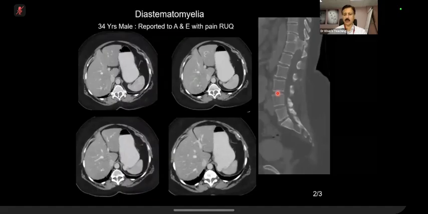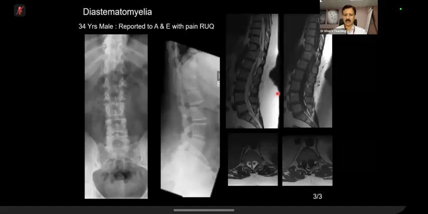If they show it on an MR, they will show, okay, this was the X-ray and the MR, and you can see how beautiful it is, but they are not going to show you this.